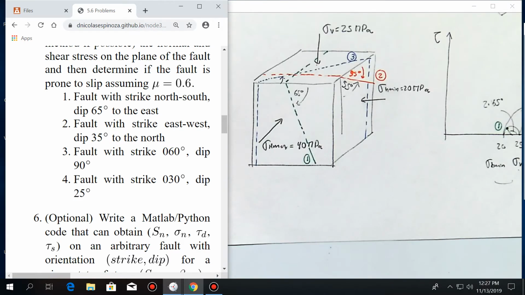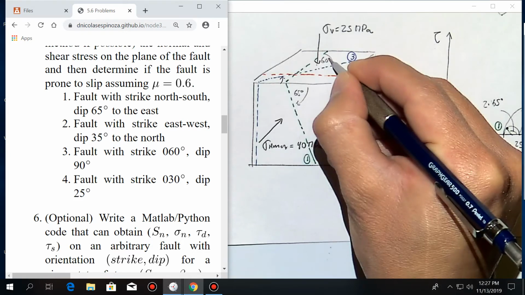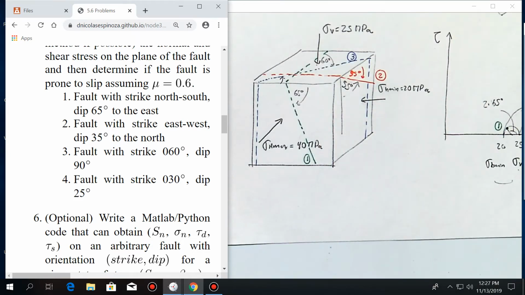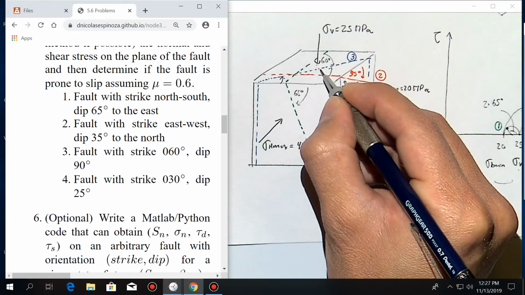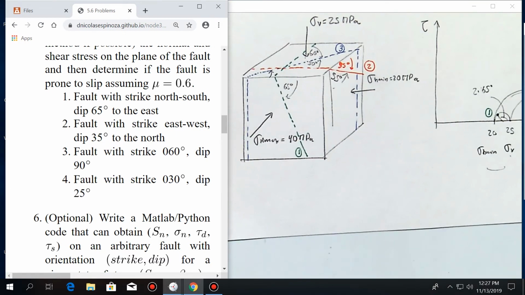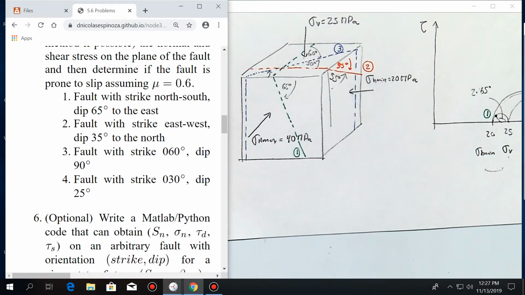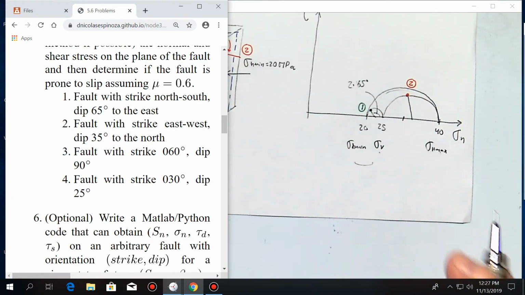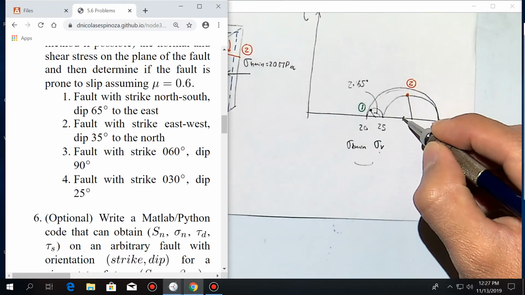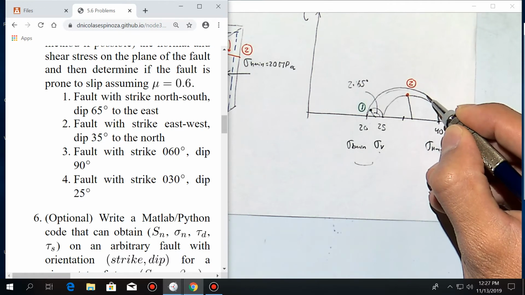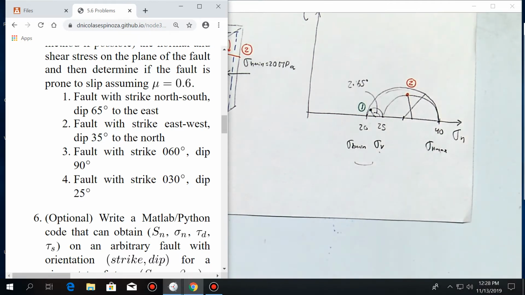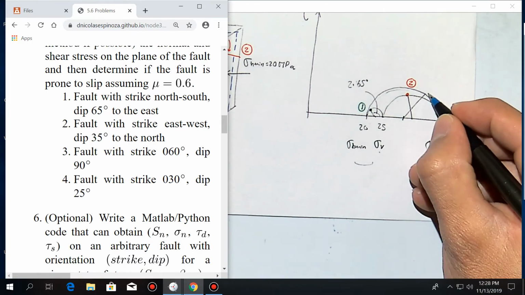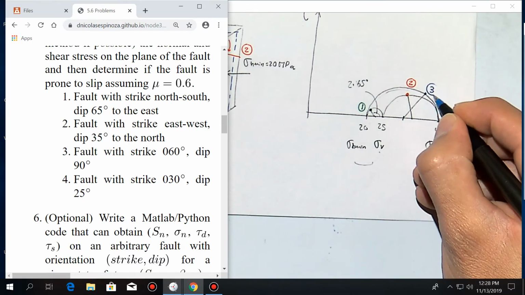And we know that the strike was 60. So if this is 60 degrees, then this angle over here should be 30 degrees. And 30 degrees times 2, that's going to be 60. So from the center of this circle over here, that's going to be a point right here.